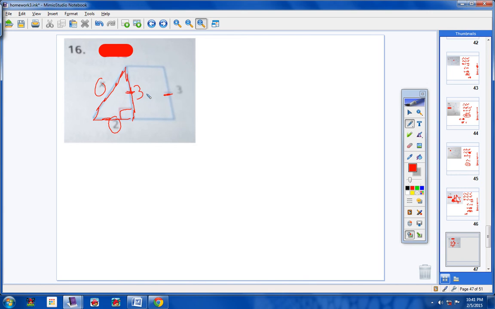So now I'm totally ready to use the Pythagorean theorem. So L squared plus L squared equals H squared. So one of my legs is 2. My other leg is 3. And my hypotenuse is x. 2 times 2 is 4. 3 times 3 is 9. 4 plus 9 is 13.